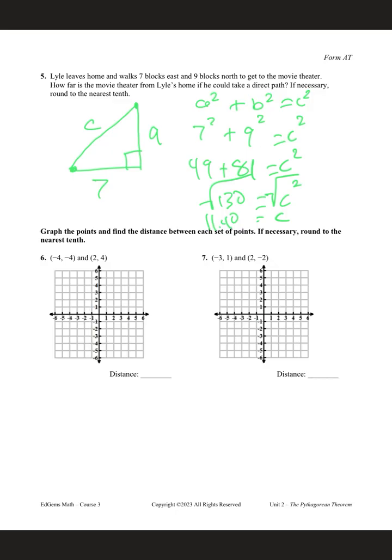And it says round to the nearest tens place if necessary. The number that's in the tens place is 4. I look at the number to the right, it's less than 5, so the 4 stays the same. So C is equal to 11.4. 11.4 what? Blocks. And that, guys, is my final answer.